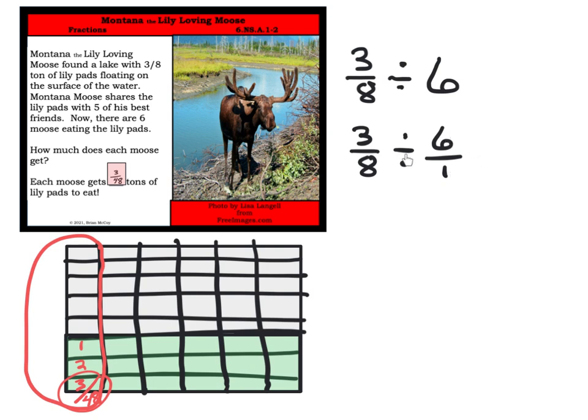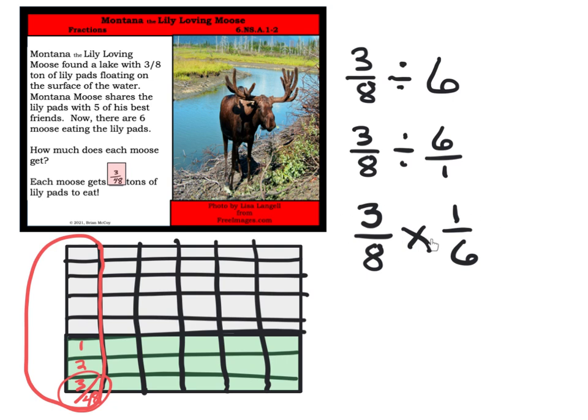Now with division of fractions, you can do one of 2 strategies. You can either multiply the reciprocal, or you can do mountains and valleys. I will show you both strategies. The first one I'm going to do is multiply the reciprocal. So I'm going to put the 3/8 and leave that alone. Now for division, I'm going to multiply the reciprocal, which means I flip this fraction upside down so the 6 goes on the bottom and the 1 goes on top.